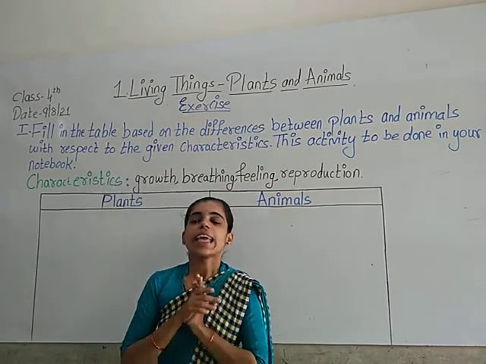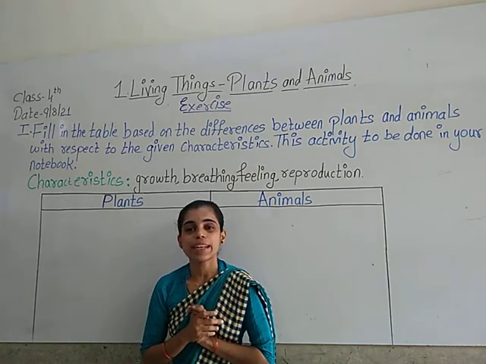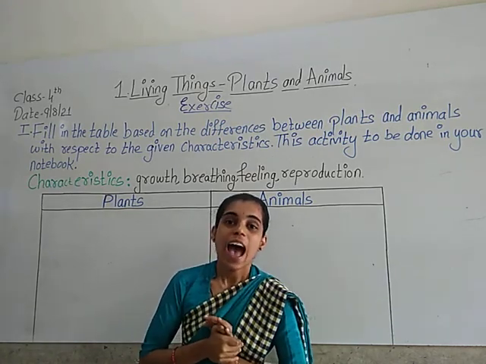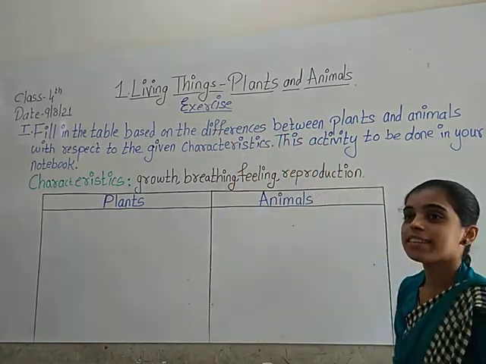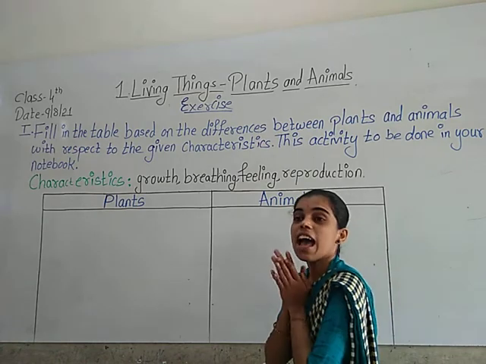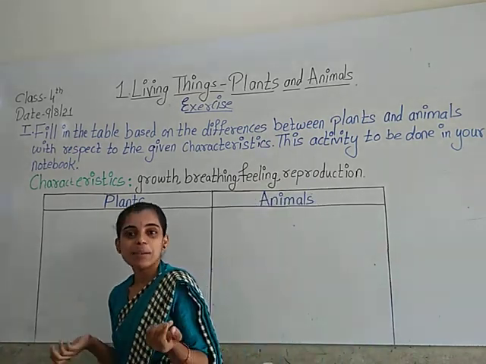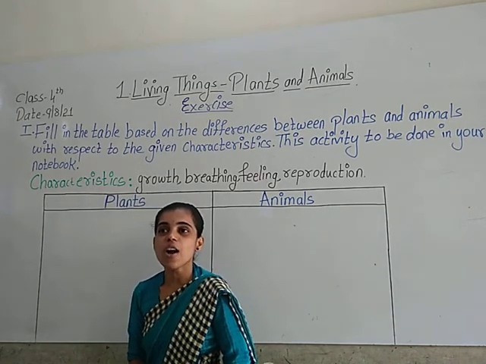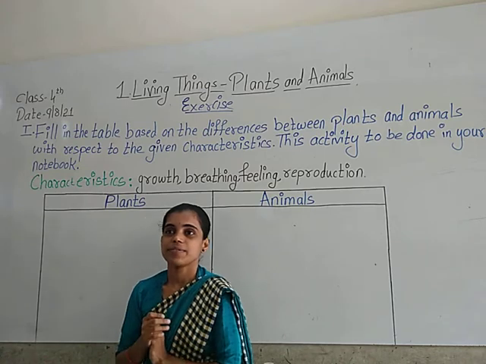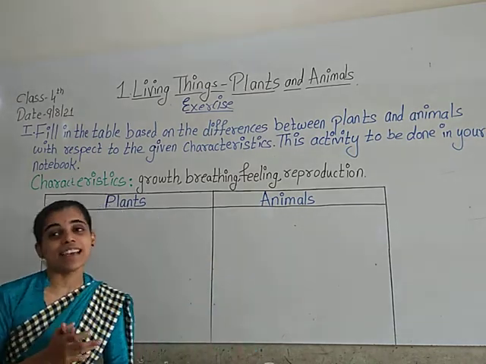So children, in our last class we had just completed the first chapter, and the first chapter is living things, plants and animals. And we had discussed the plants and animals. Are the plants and animals living things or non-living things? Very good. They are living things.